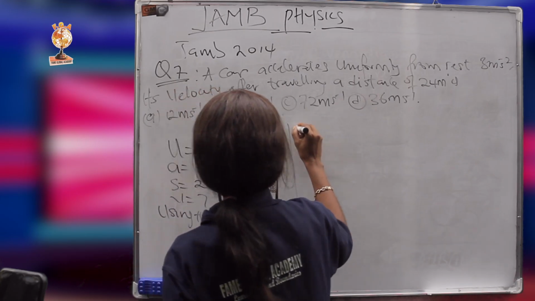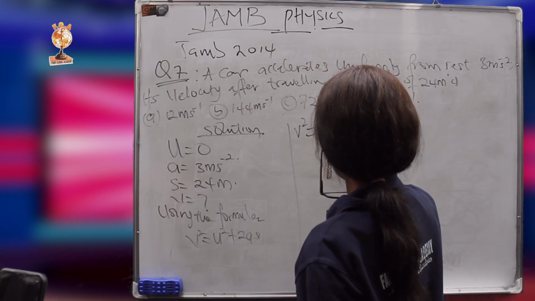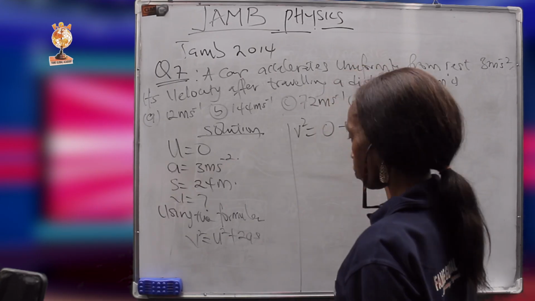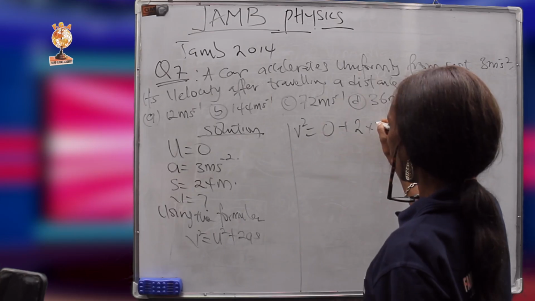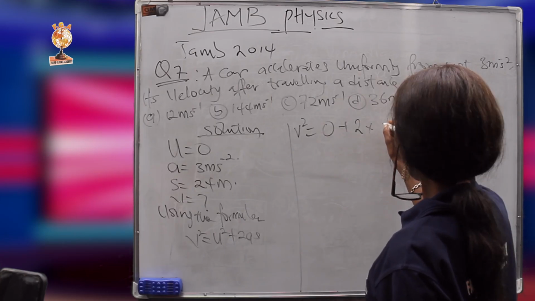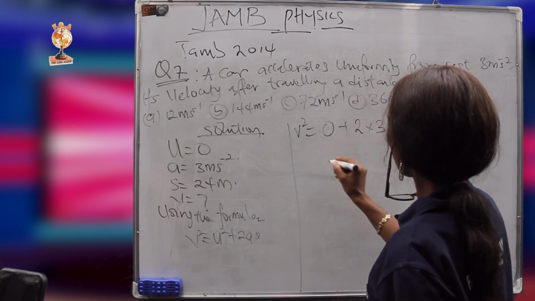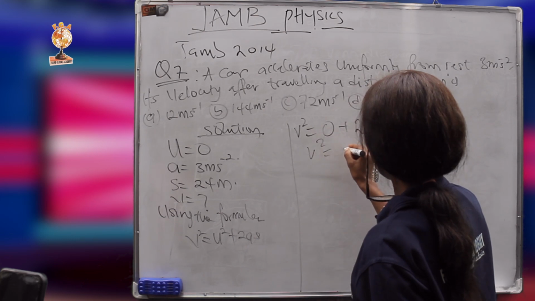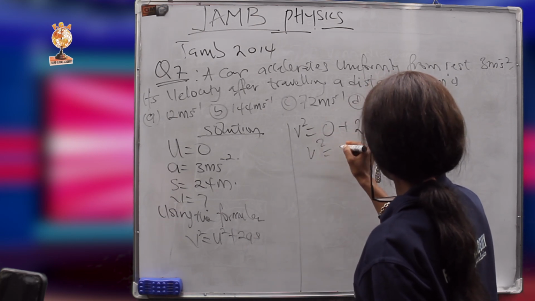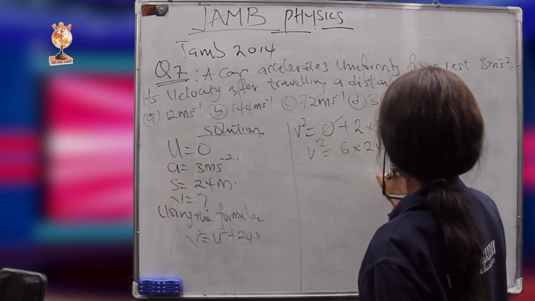I have V squared is equal to 0 plus 2 times 3 times 24. V squared now is equal to 2 times 0, which is already gone. So 2 times 3 is 6 times 24.